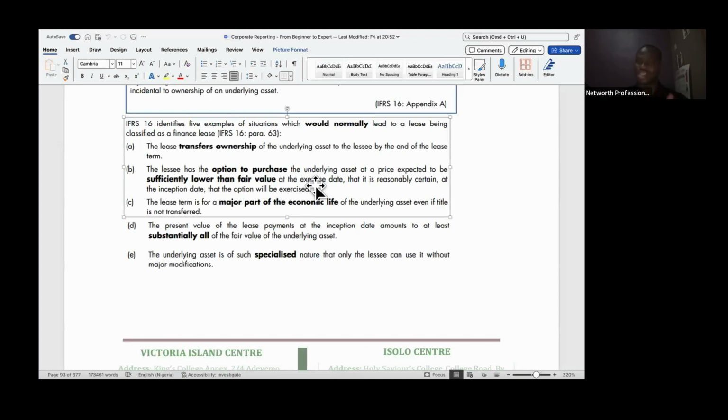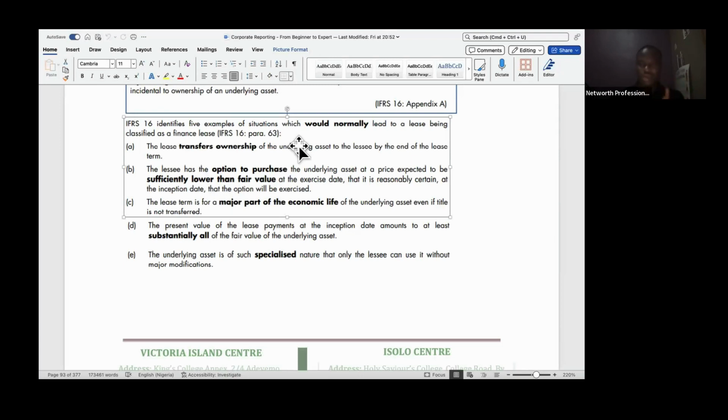So the point here is this one follows through with the A. This B is saying that there will be an option to purchase, that is, the lessee can buy the asset. And the key thing is that the price at which the lessee is going to buy this asset at the end of the lease term will be very small compared to its fair value.